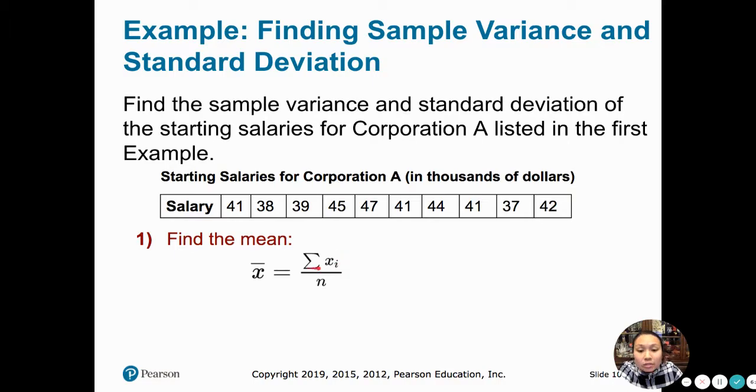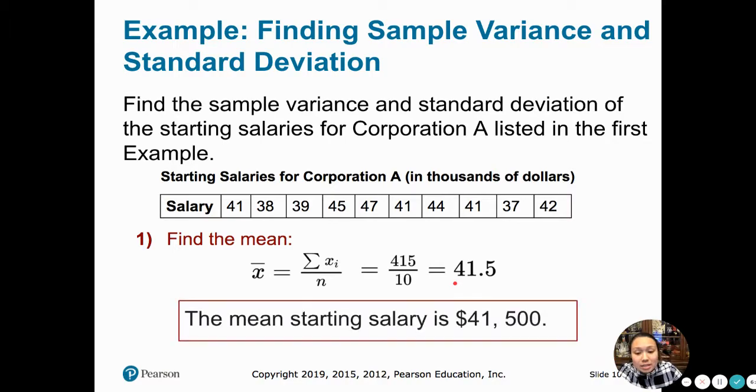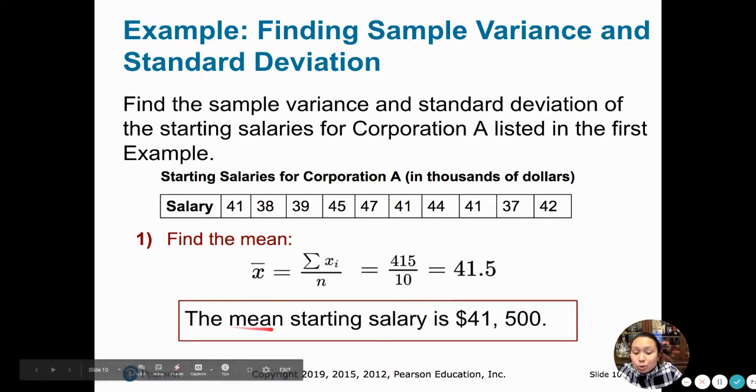You add up all of your data entries and divide by n. This is 415 divided by 10, and we get that our mean is exactly 41.5. This means that the average starting salary is $41,500.